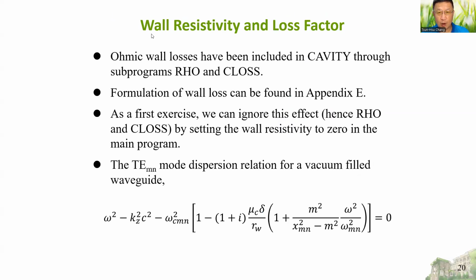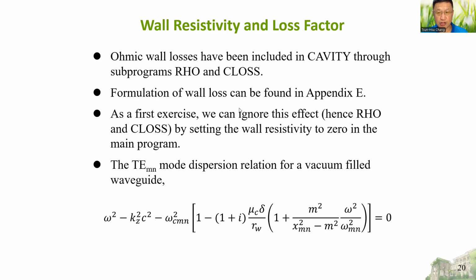And wall resistivity and loss factor in the conductor. The interaction structure, the cavity, is made of copper or any kind of metallic material. Omega loss has been included in the cavity Fortran code through subprograms rho and C loss.